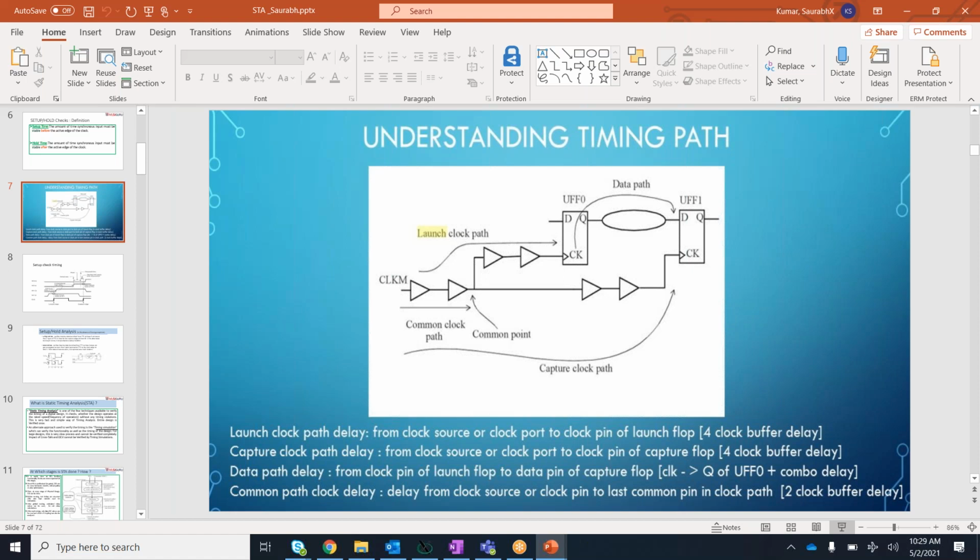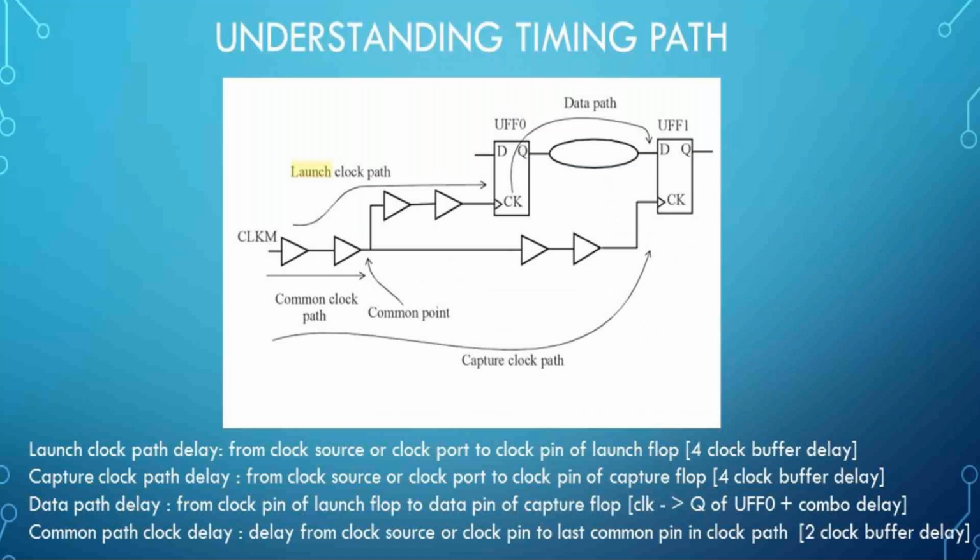How can we say that this is a launch flop and this is a capture flop? Yesterday also we discussed, it depends on the data flow. My data is flowing from here to here, so this flop is launching the data. That's why we call it the launch flop. And this one is capturing the data, so we call it the capture flop.